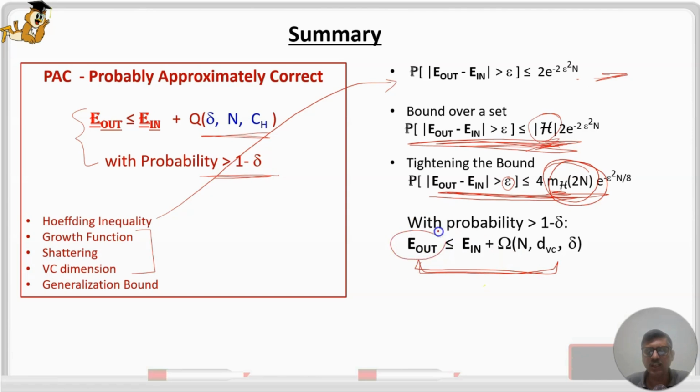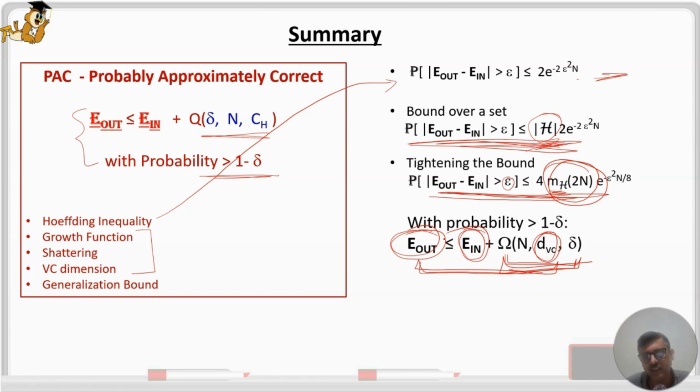Which told us that E out was going to be less than E in plus this quantity, and as long as the VC dimension of the hypothesis set was finite, this quantity would go to 0 with increasing n, which meant that your E out could be made as close to E in as possible.